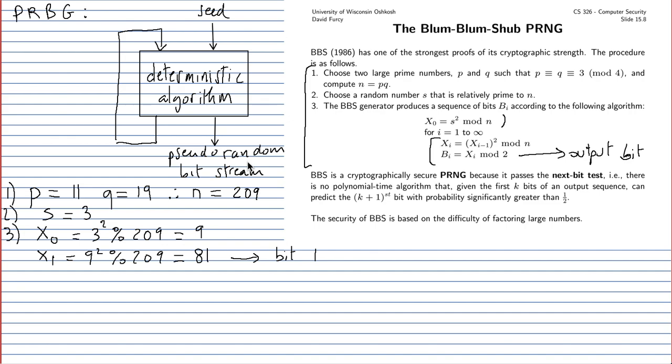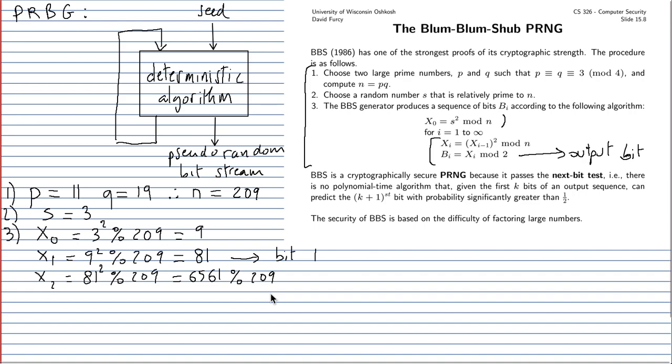So let's do the second iteration for i equals 2. We're going to square the previous value of x, take that modulo n. Now it turns out 81 squared is 6561. So take that modulo n.